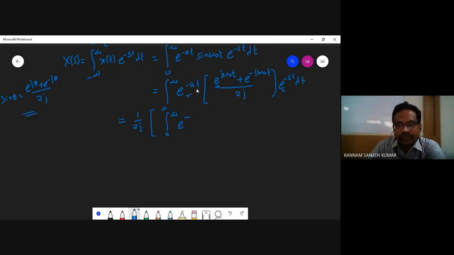Minus, you take minus common, so e power minus s plus a minus j omega naught into t, minus e power minus s plus a plus j omega naught into t, into whole dt. For cos that becomes plus, for sin that becomes minus.